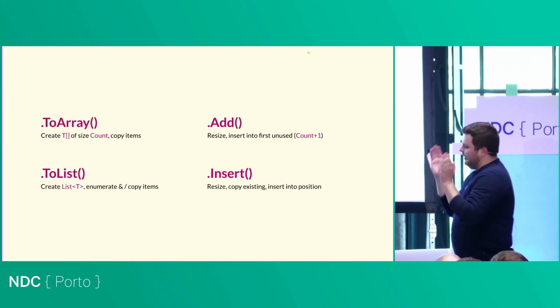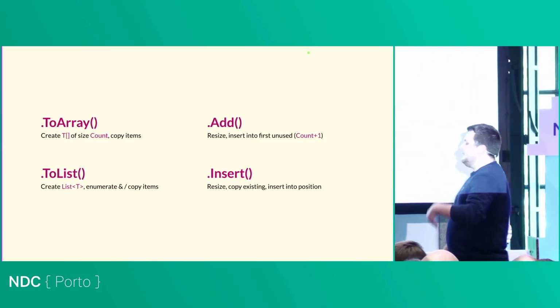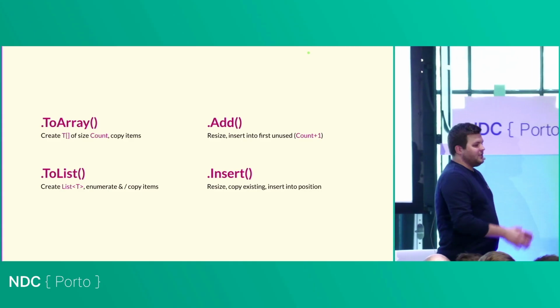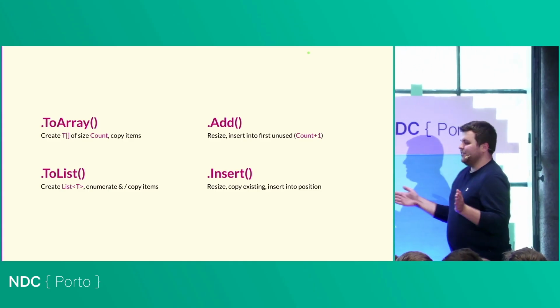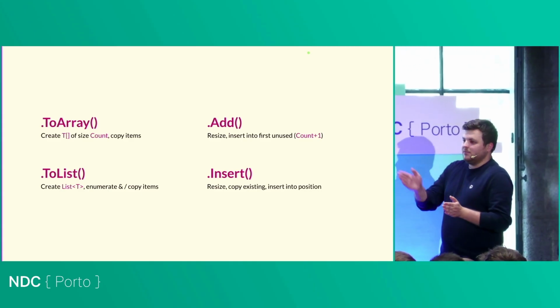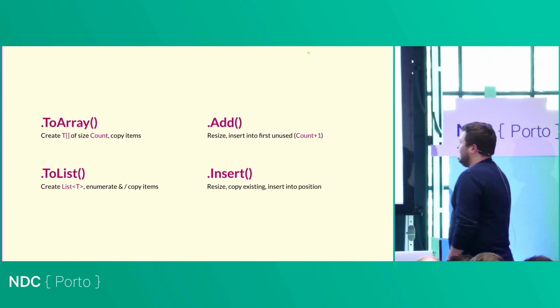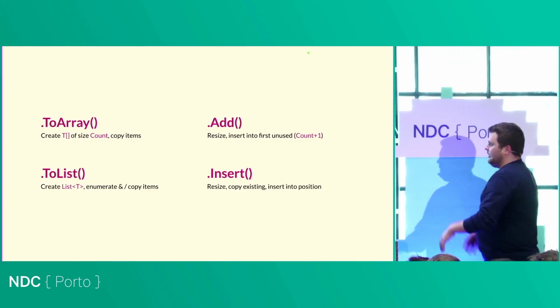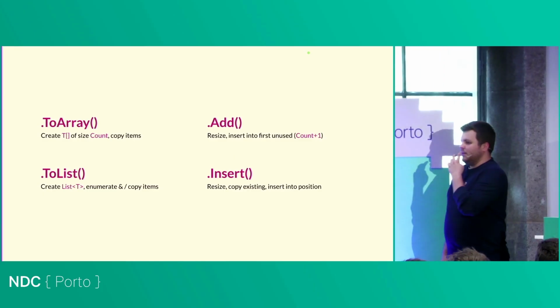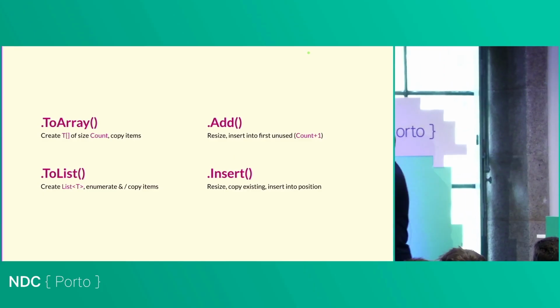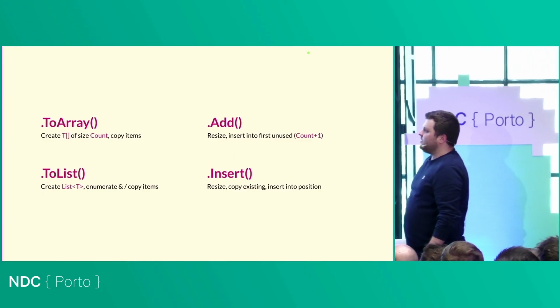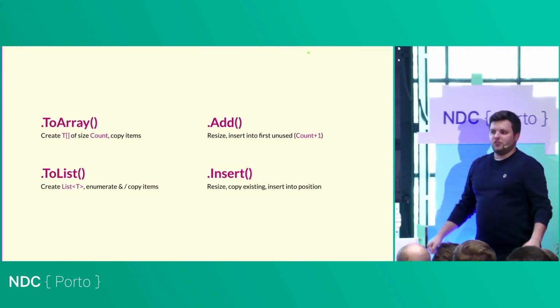So it's going to say, I have 12 items, I need to add a 13th item. It's going to create a brand new array under the hood, copy each of those items into all of the relevant positions, insert your new one at the position you've desired, and then copy the remaining items. Fairly inefficient as well. If you can avoid it, add and insert are inefficient.